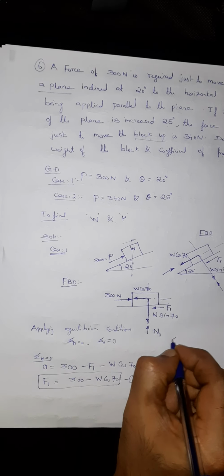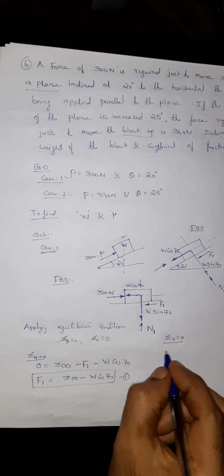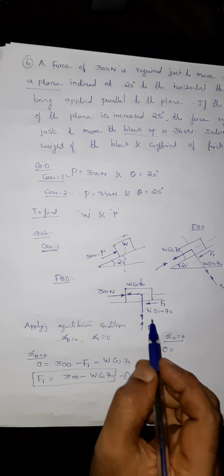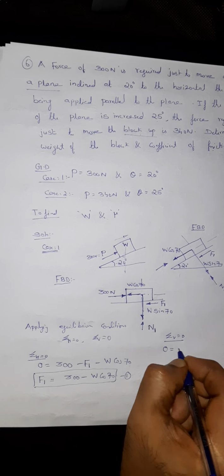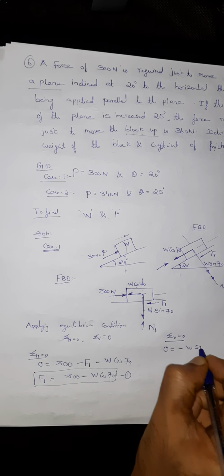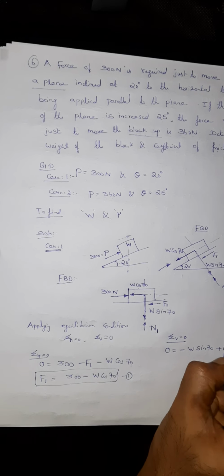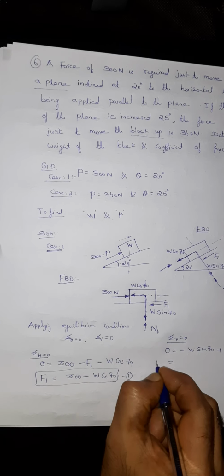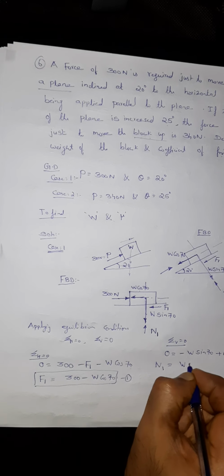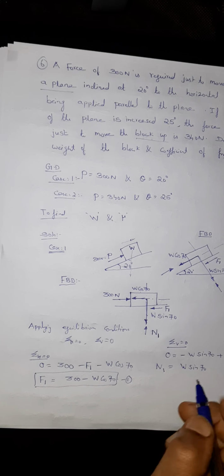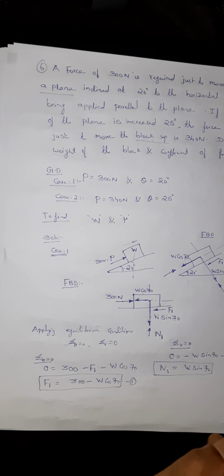Now resolve the vertical forces. 0 equal to the downward force, which carries a negative symbol, W sine 70, and N1 in the positive direction. So N1 equal to W sine 70. Equation number 2.